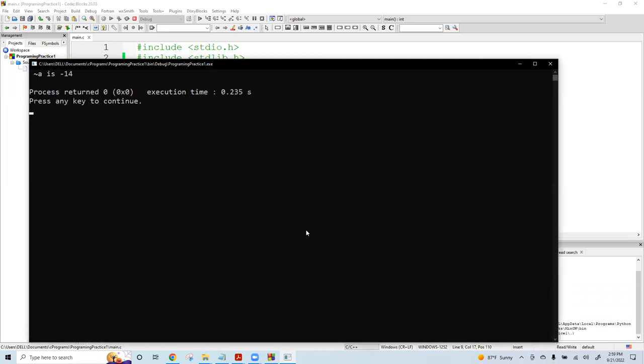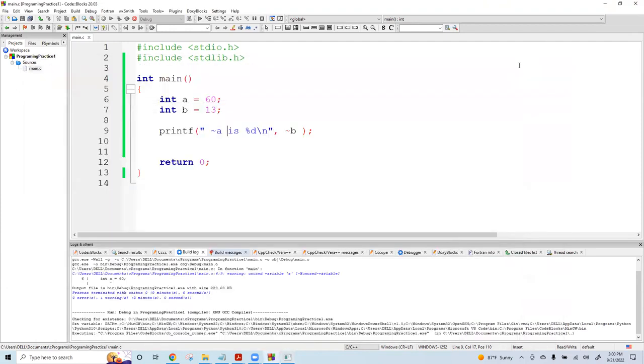I'm not going to explain why it is that in this session, so we can discuss those bitwise complement details in the practical session.